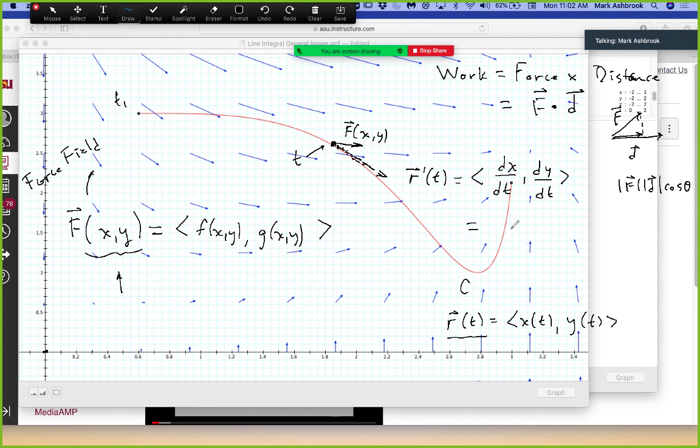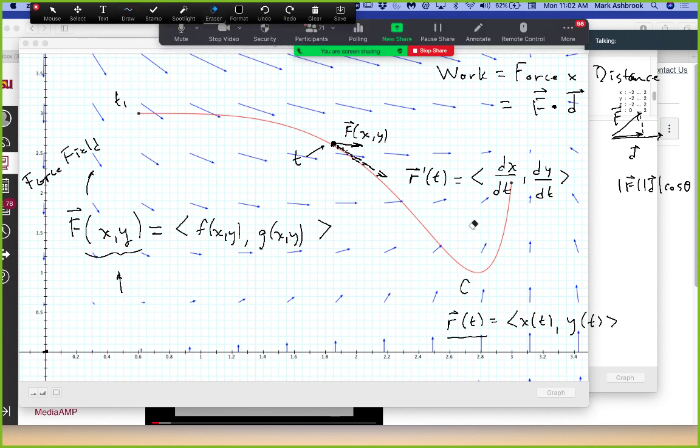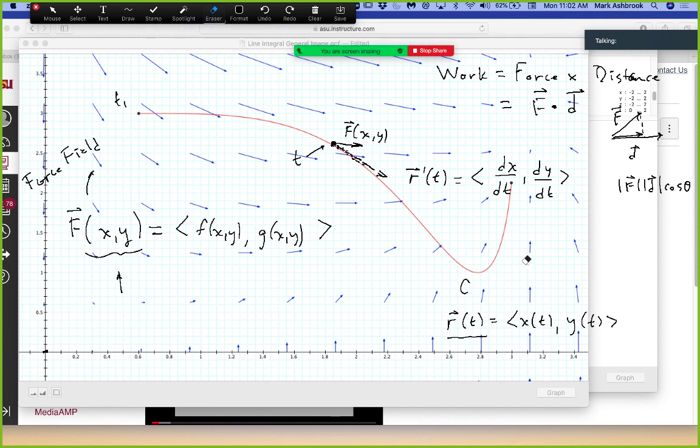Another way we could write that, let's see here. Okay, so what do we need? We need a little change in position, right? So we're doing F dot d.